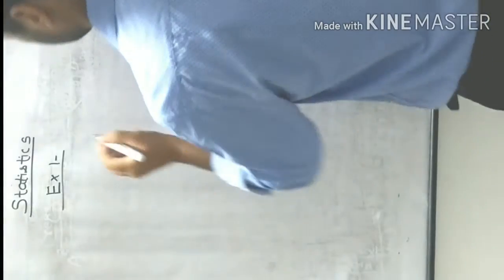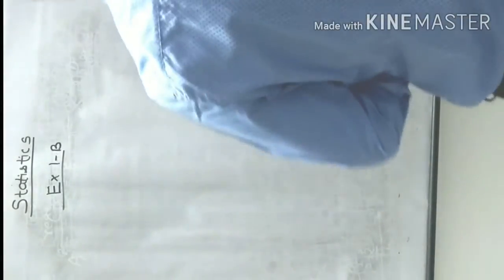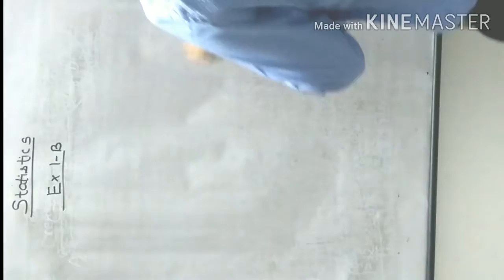Then I am taking up exercise 1B now. Question number 1. The first question is saying what? So the first part. Something is given. 0 to 10.